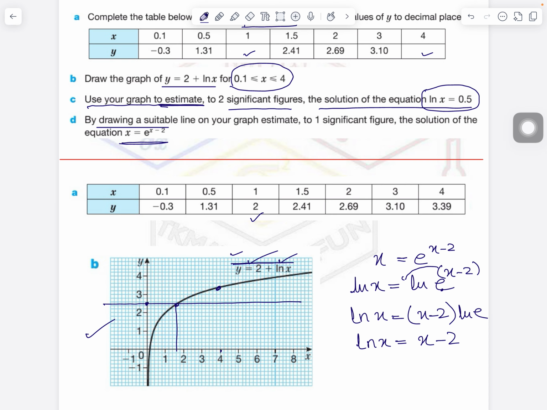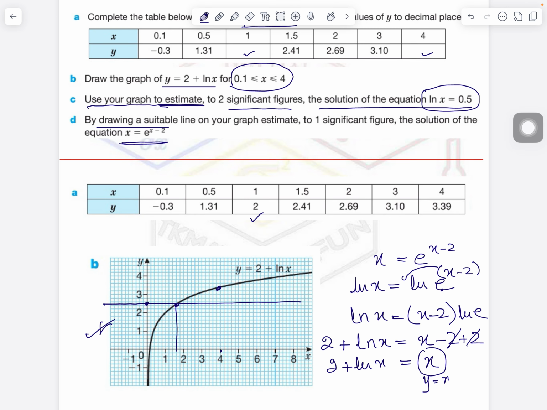But what do I want? I want 2 plus ln x. So I will add plus 2 on each side, and I will get x. So 2 plus ln x is the sketch which we have already done in part 1, and now I just have to add a suitable line, which is the line y equals x.